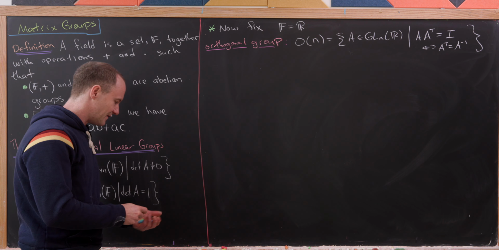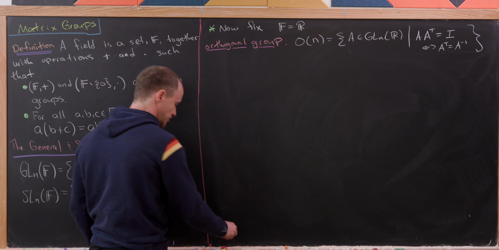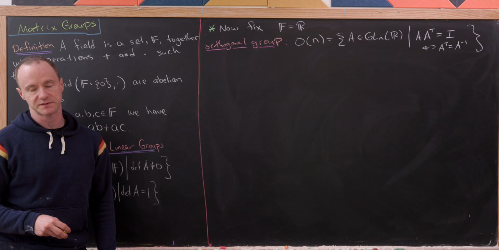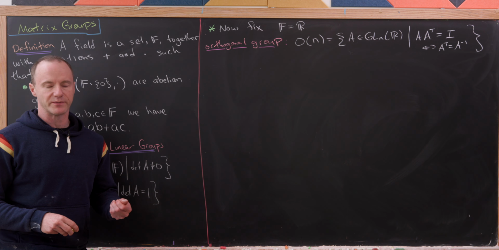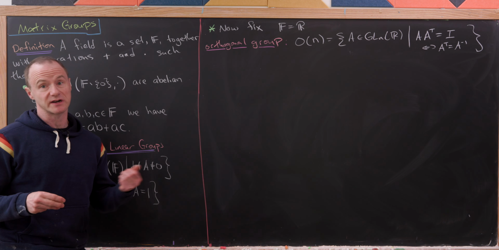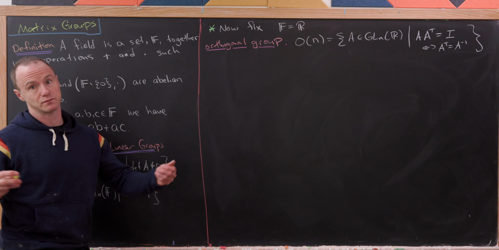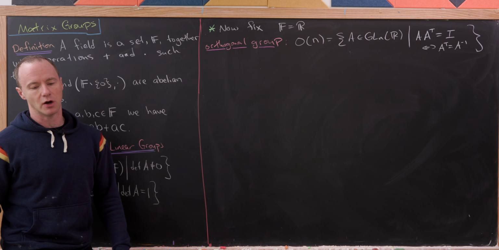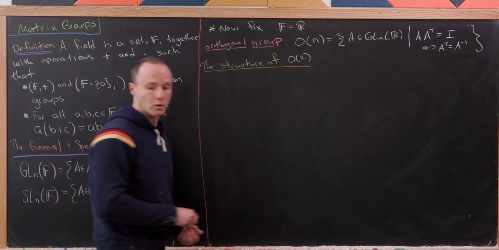So let's look at the structure of O_2. And the purpose of doing this is, again, because we're going to look at wallpaper groups. And looking at wallpaper groups means that we need to restrict everything to the plane, because wallpaper lives in the plane. And thus we'll need to look at O_2. Okay, cool.